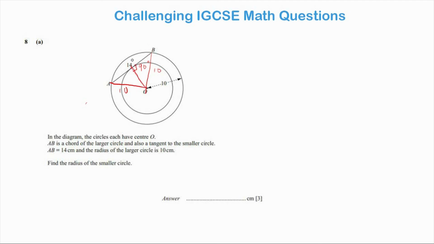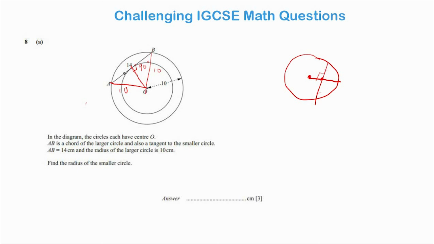So if a line from the center of the circle intersects with a chord and it was perpendicular, so this angle was 90, it has to cut through the midpoint, so these are equal.